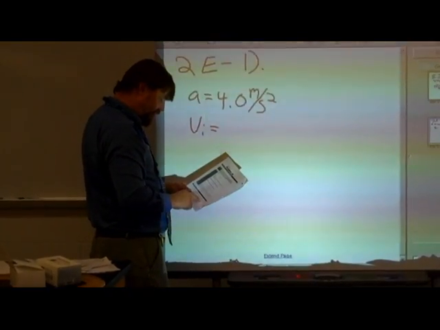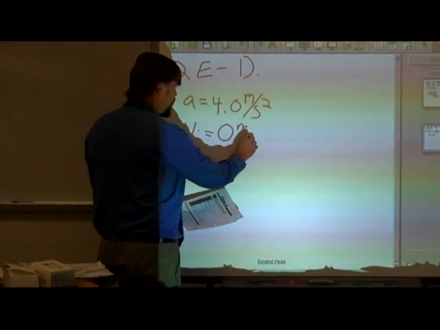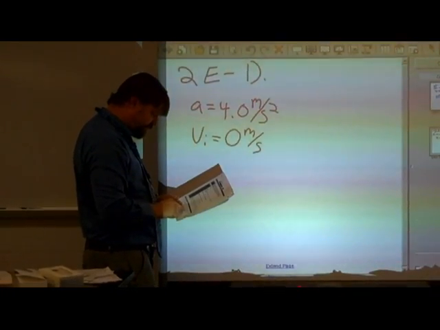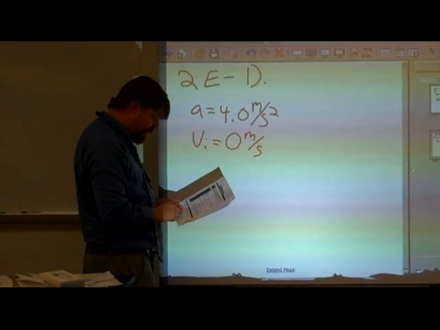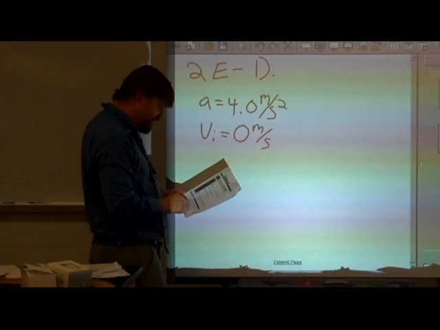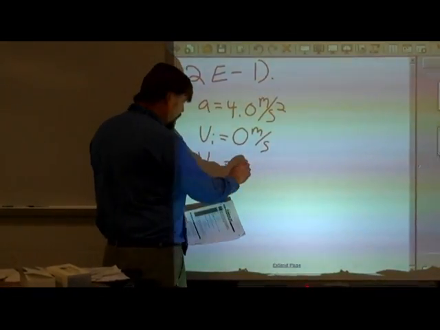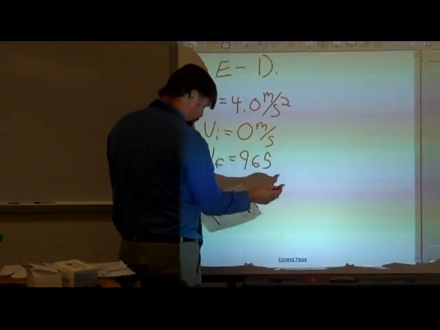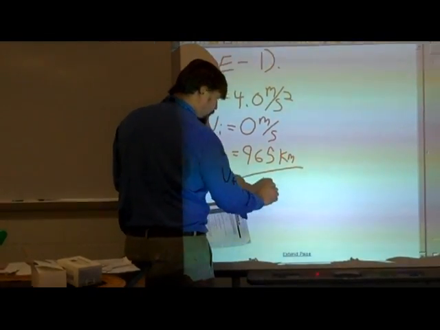Suppose she started at rest, so her initial velocity is 0 meters per second. And with a constant acceleration to reach the maximum speed, our final velocity is 965 kilometers per hour.